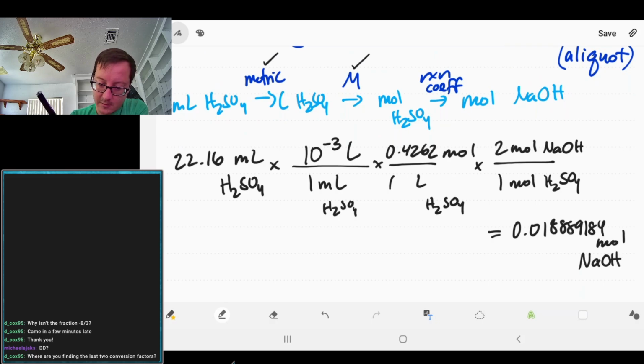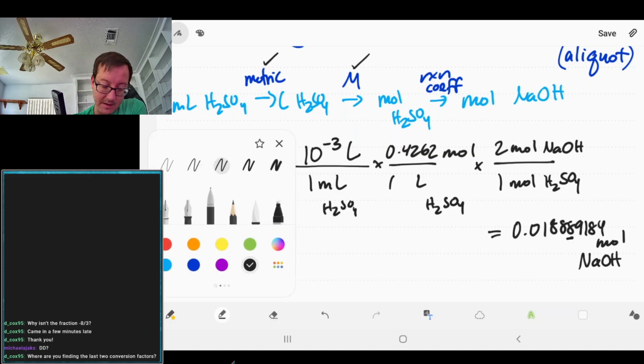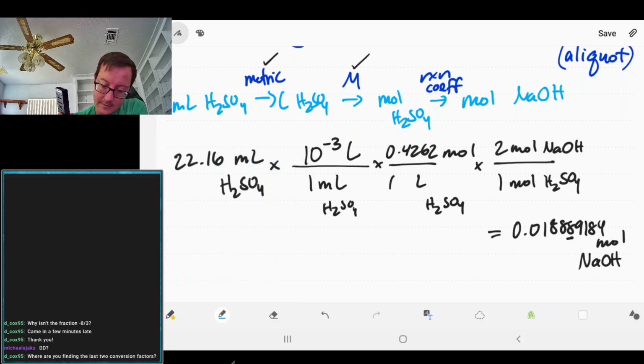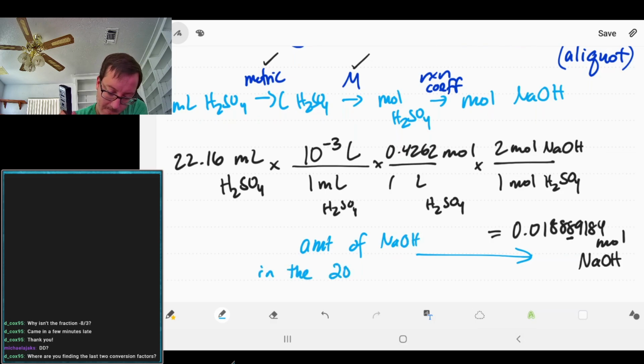With this, it looks like we need 4 sig figs, so we'll keep that in mind, but I'm going to still keep all my numbers. And that is the amount in our sample. Our sample was 20 milliliters.